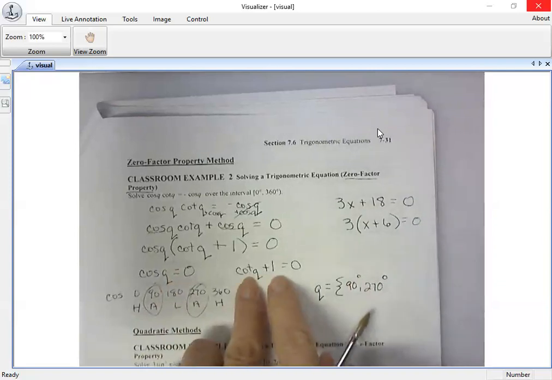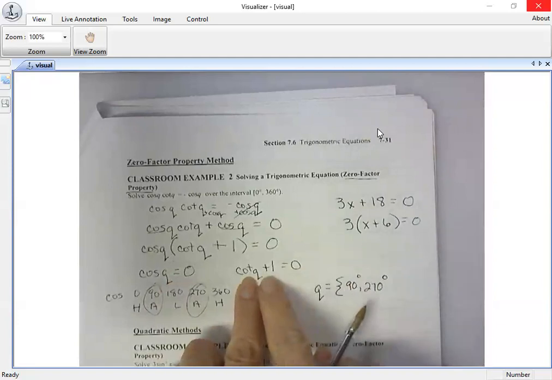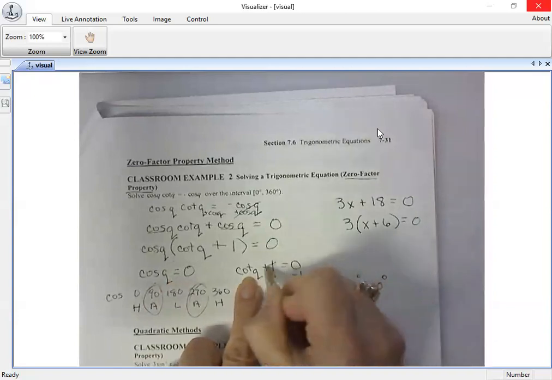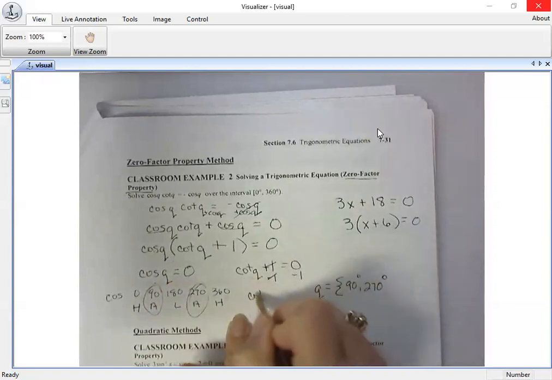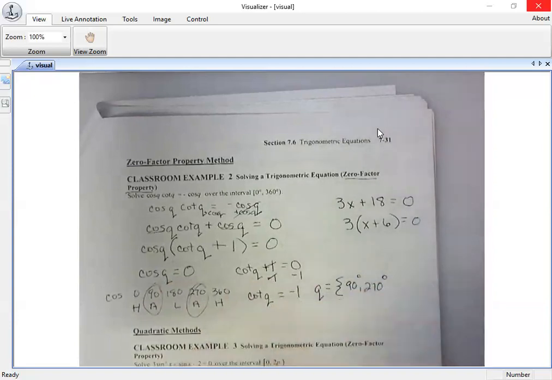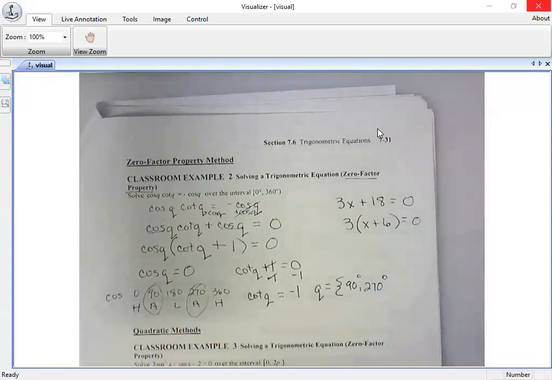I haven't solved this yet. So what do I need to do to solve this? Subtract 1. Very good. So what I'm looking for is where the cotangent has a ratio of -1. Now, cotangent is not cosine. It's not sine, but it would be what?